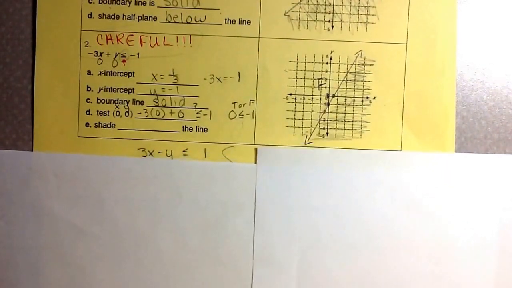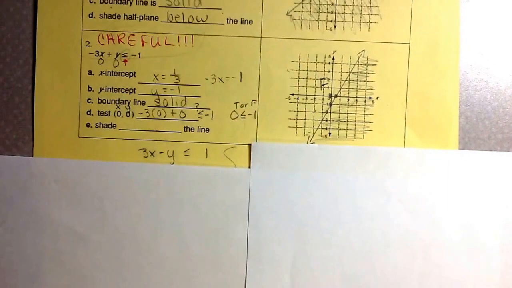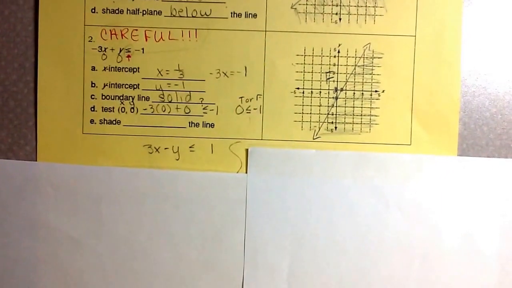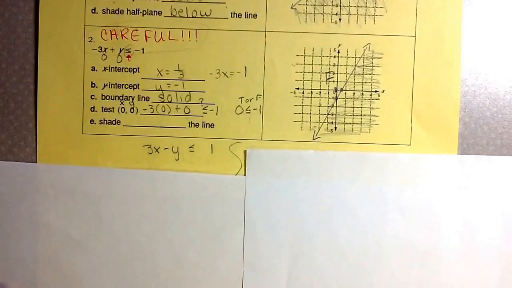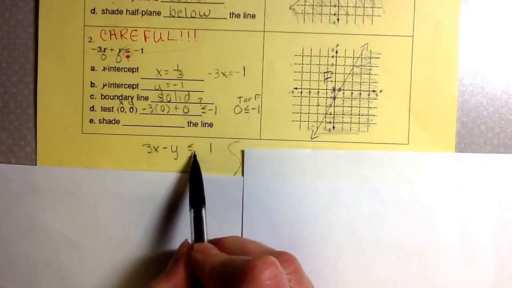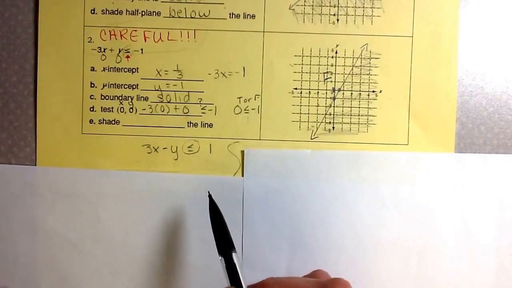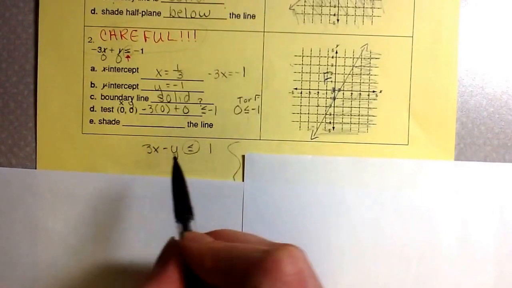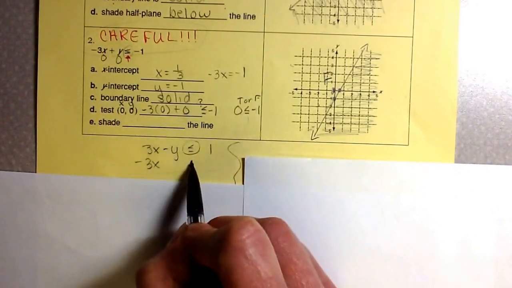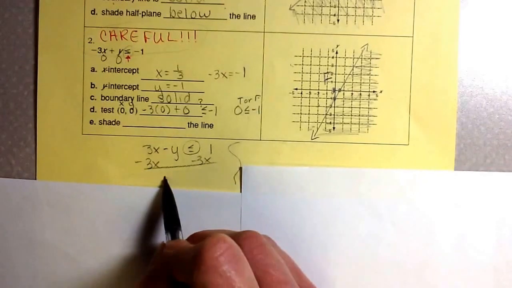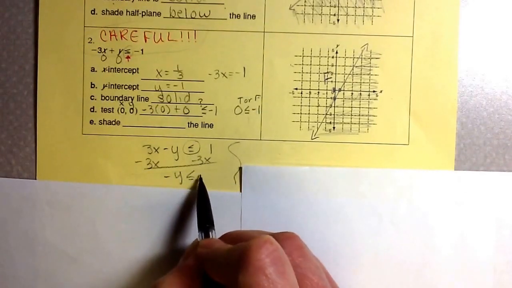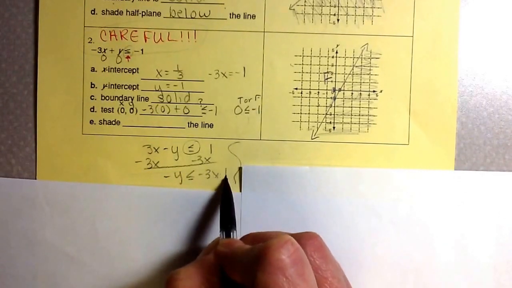Okay, now let me show you why you want to be careful with the x and y intercepts graph. If I had this question, 3x minus y is less than or equal to 1, you might say, oh, it's less than, so we're going to shade below. Well, what happens in the process of solving it? Subtracting 3x, we end up with negative y is less than or equal to negative 3x plus 1.